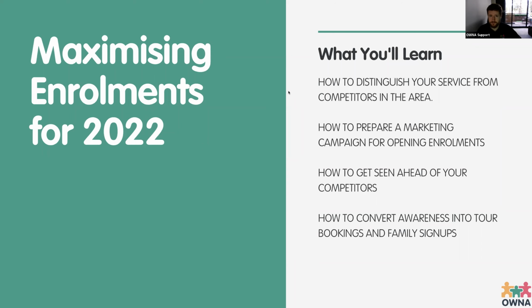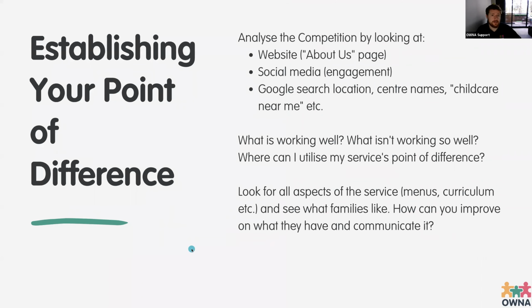So let's get started. When you're looking at your competition, I like to think there are two groups you should really care about within your marketing: the families, and on the other side, the competitors. I like to look at the competitors and see what they're doing, whether that's their website or social media.